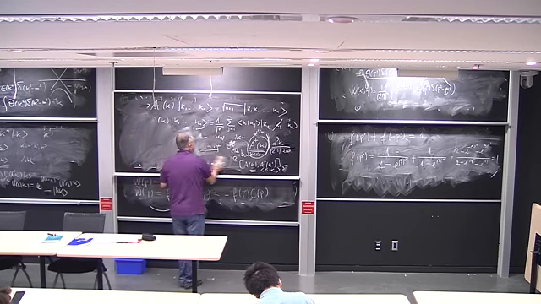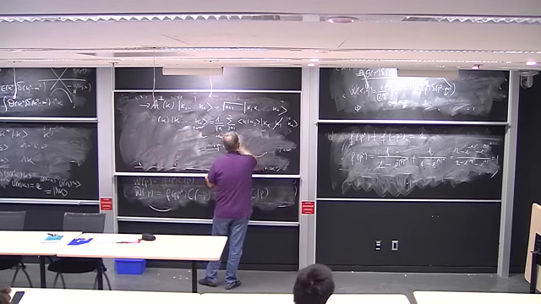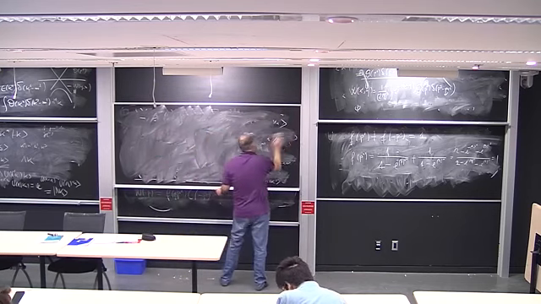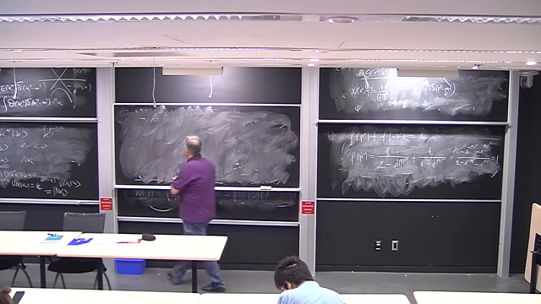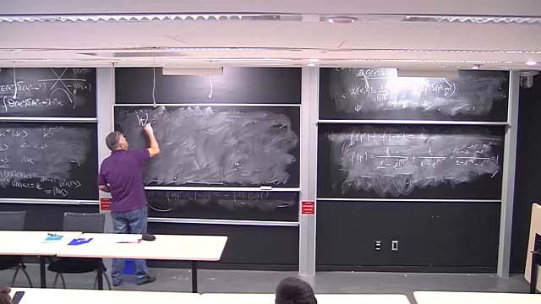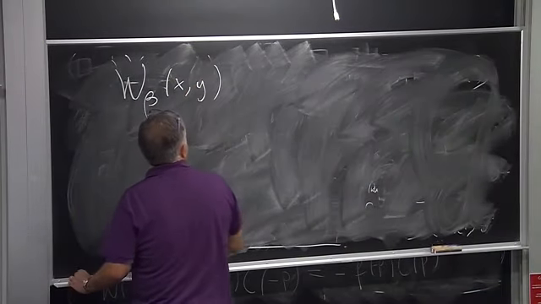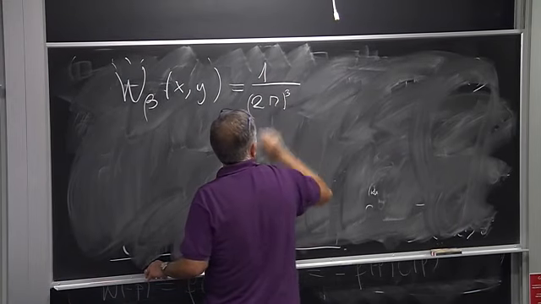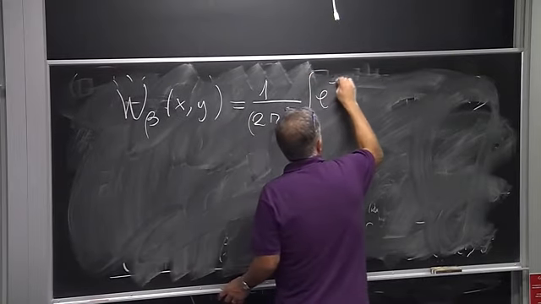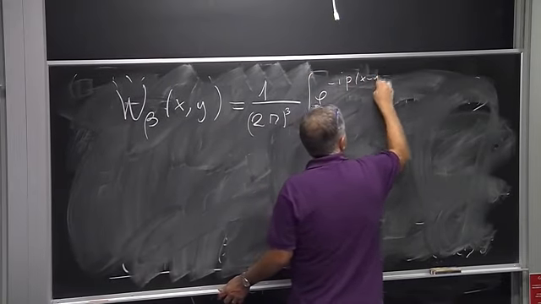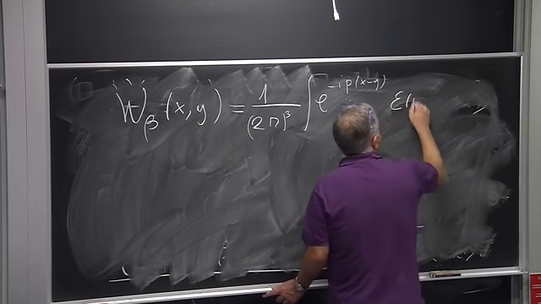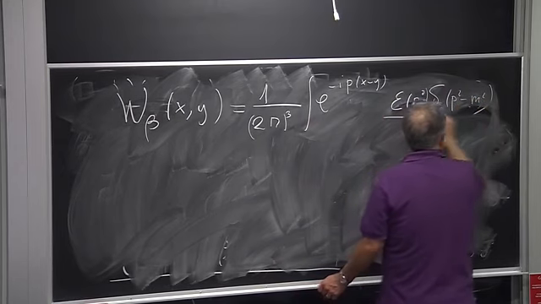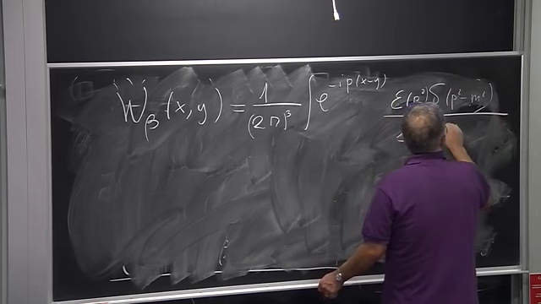you can define a two-point function W beta of x and y, which is the integral of d^3p over 2p, e to the minus i p (x minus y), epsilon of p0 delta of p squared minus m squared, divided by 1 minus e to the minus beta p0.